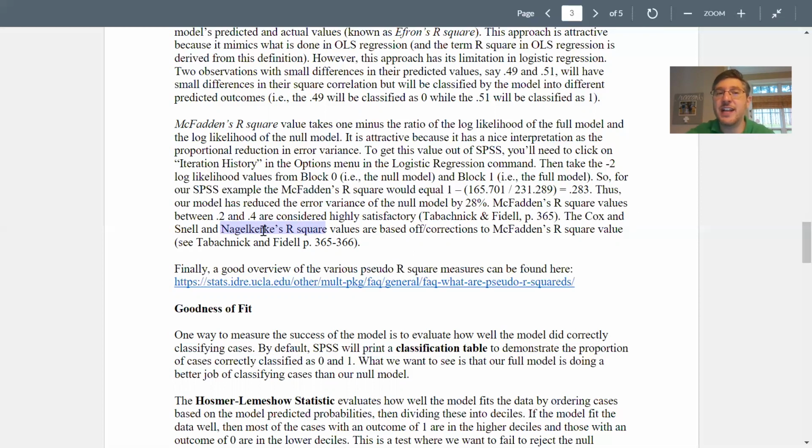So the Nagelkerke R-square value makes an adjustment to Cox and Snell so that the maximum value can actually be equal to 1. You can read about those in Tabachnick and Fidell or in this really cool handout I found too.